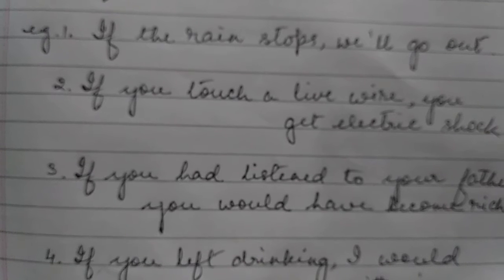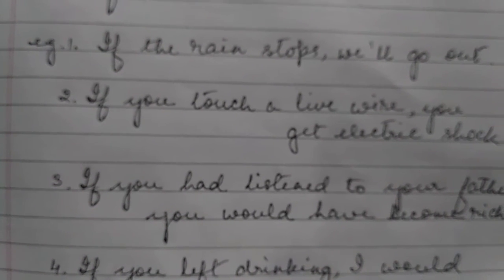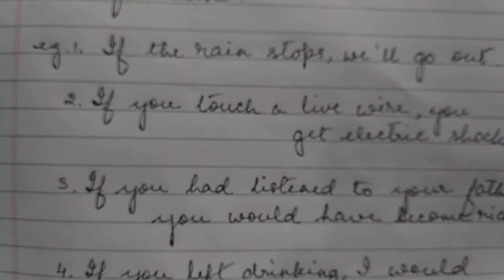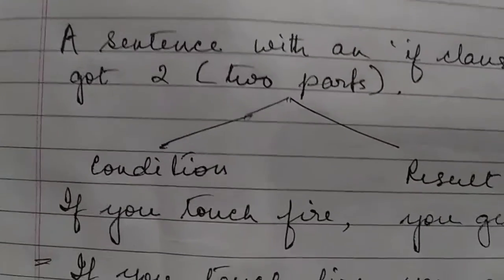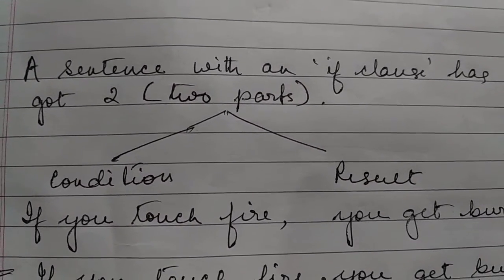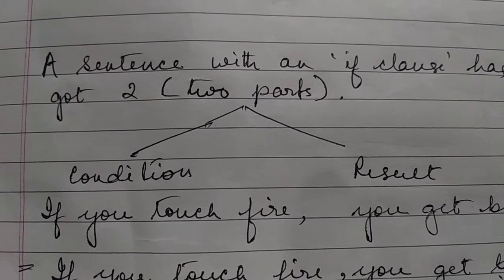If you touch a live wire, the condition is touching a live wire, you get electric shock. This is the result. So children, you will see that sentences with if clause have two parts.